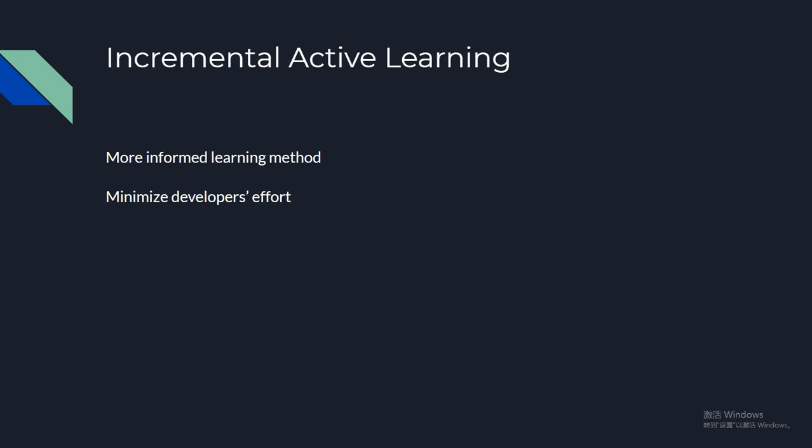Then Emblem will learn the discriminating patterns and efficiently find similar bug fixing problems. So it is a more informed learning method. Minimizing developers' effort is crucial. Emblem offers an incremental estimation of approximately how many more relevant bug fixing commits are left in the corpus. Without it, developers won't be able to know if it is cost-effective to continue labeling.